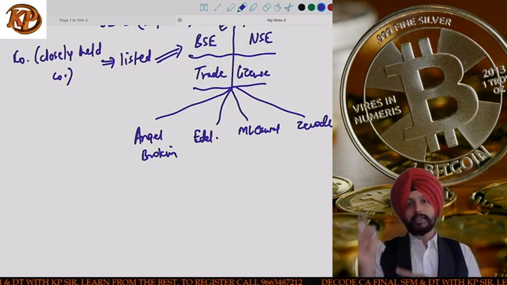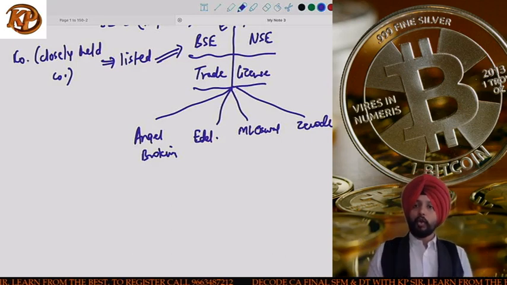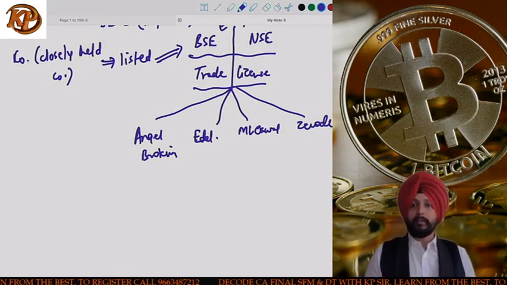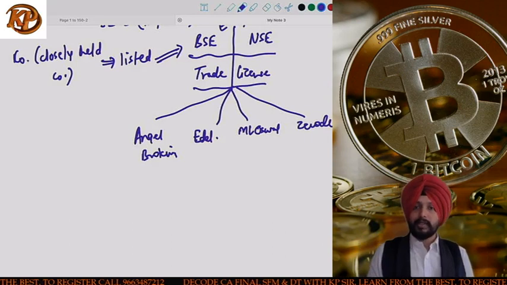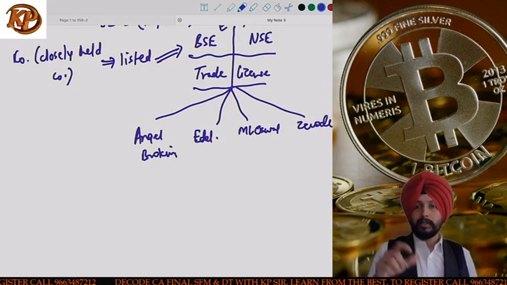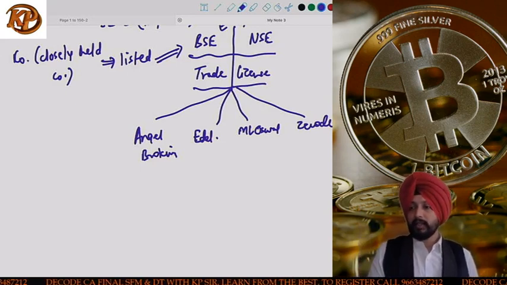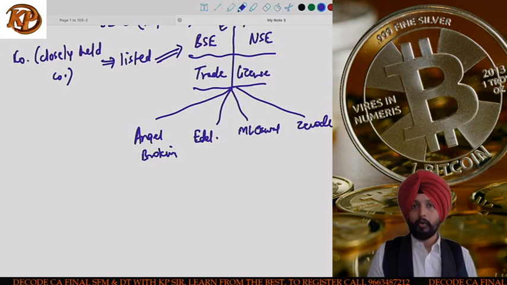Company got its share listed on BSE and NSE. BSE and NSE need to fulfill all the regulations which are required by SEBI. There are different types of regulations that companies need to report about their annual reports. Company needs to give their audited P&L and balance sheets. Company, if they are declaring any dividends, they should report to BSE and NSE about it.